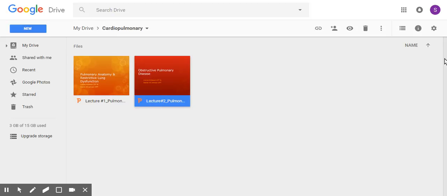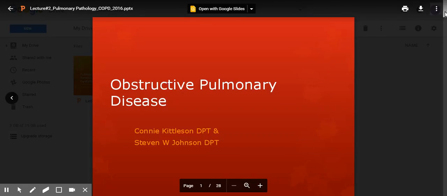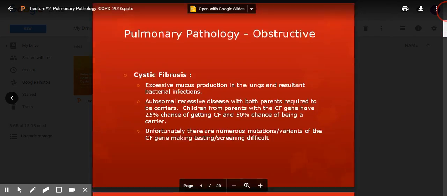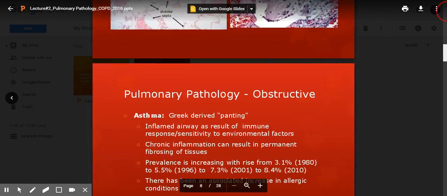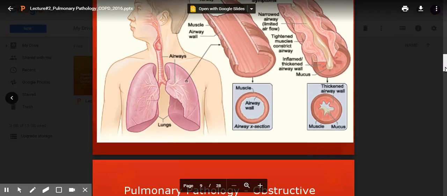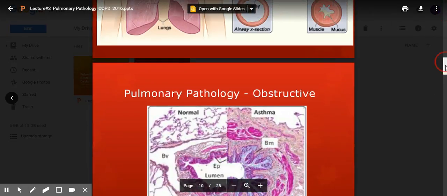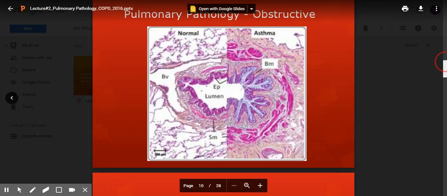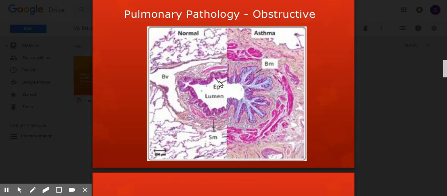Next, we'll take a look at a histological slide comparing a normal cross-section of an airway with one that has been affected by asthma.